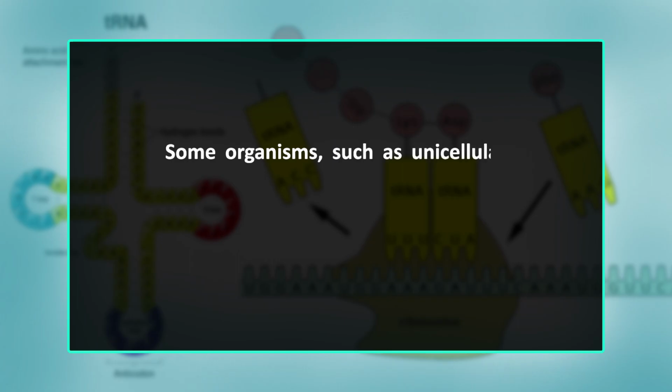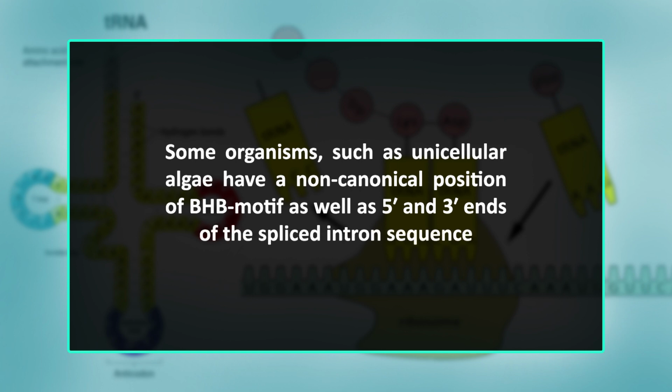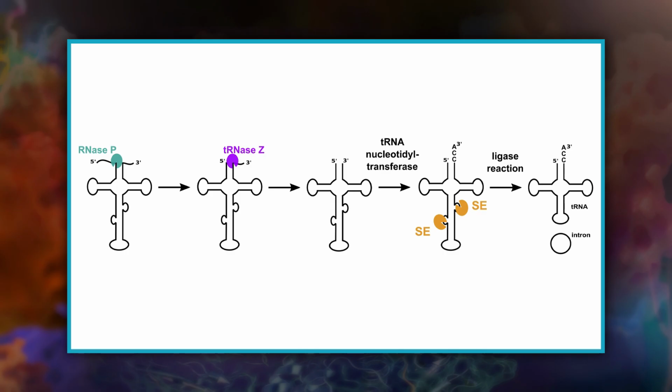However, some organisms such as unicellular algae have a non-canonical position of the BHB motif as well as 5' and 3' ends of the spliced intron sequence. The 5' sequence is removed by RNase P, whereas the 3' end is removed by the tRNase Z enzyme.